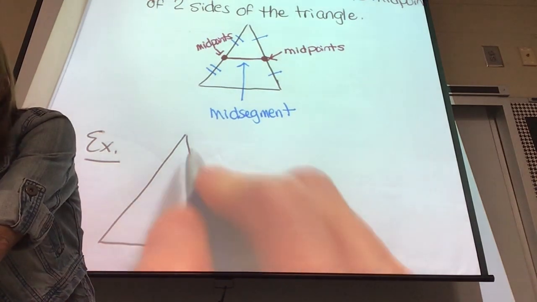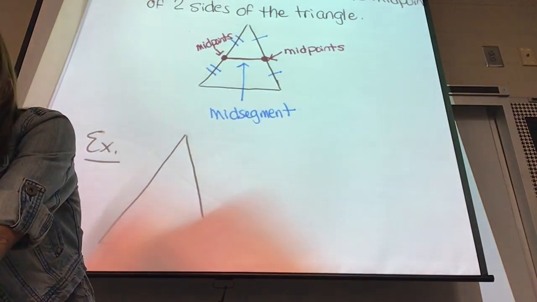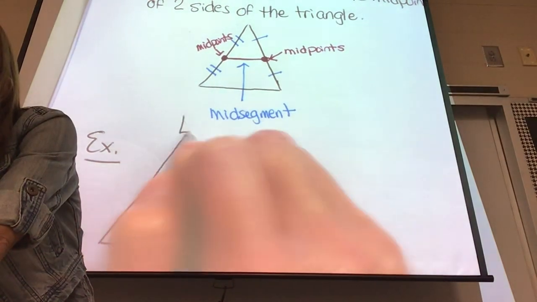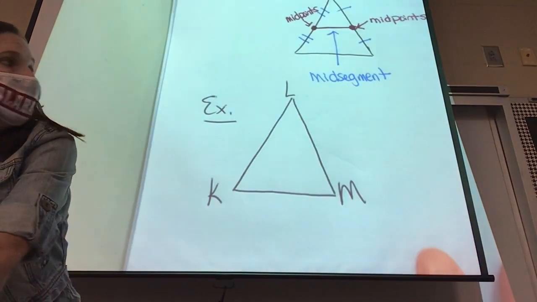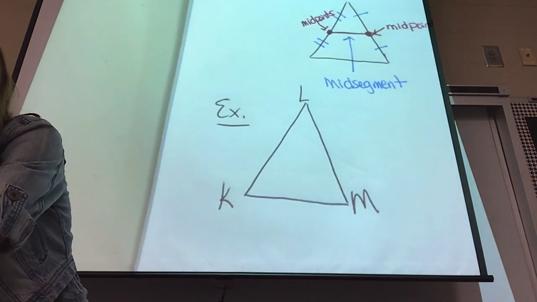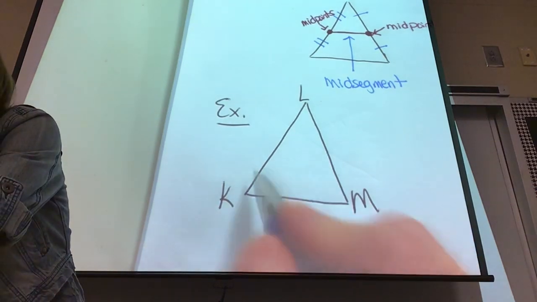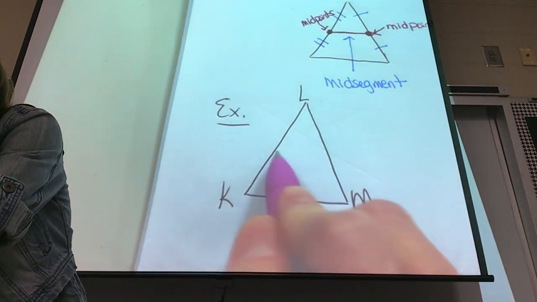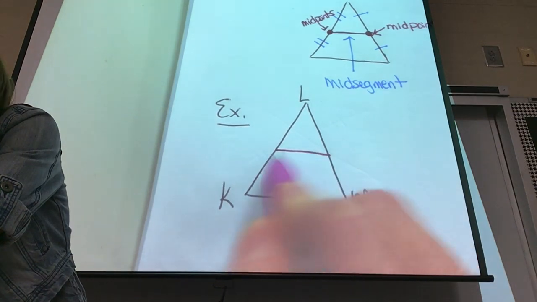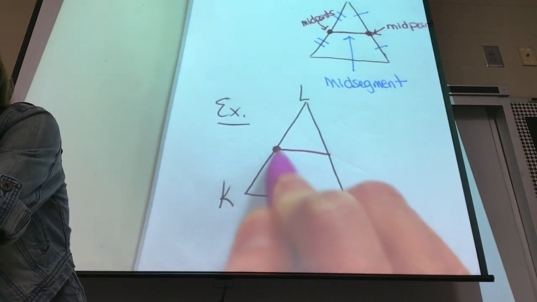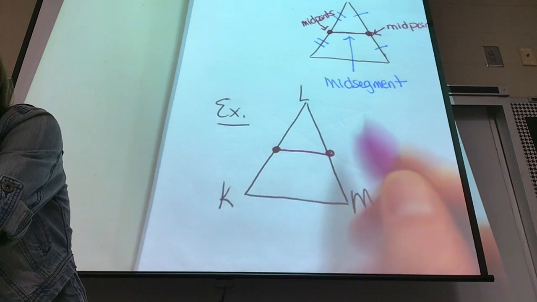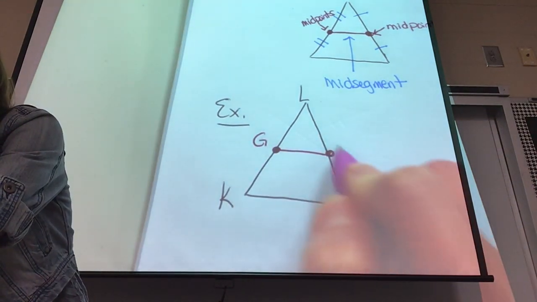You've got triangle KLM. My mid-segment here is going to be GH.